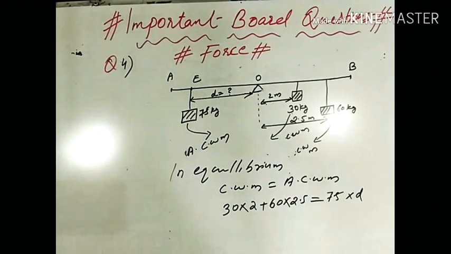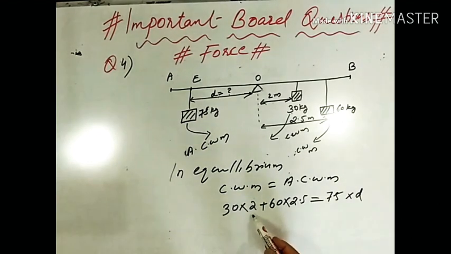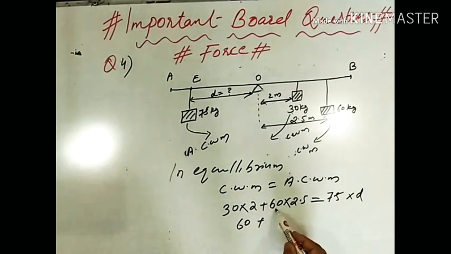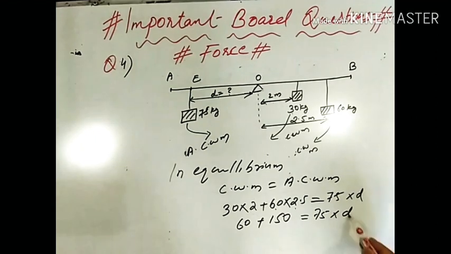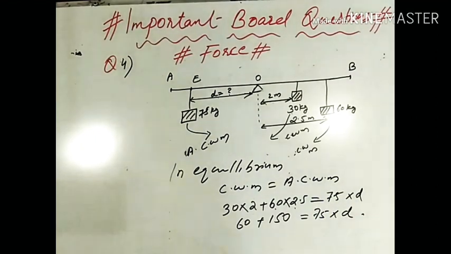So we get 30 into 2 as 60, plus 60 into 2.5, which is 150. So 150 is equal to 75 into D. Calculations are correct? So 150 plus 60, how much? 210 is equal to 75D.